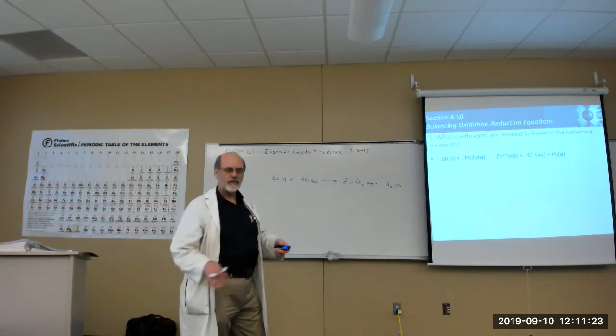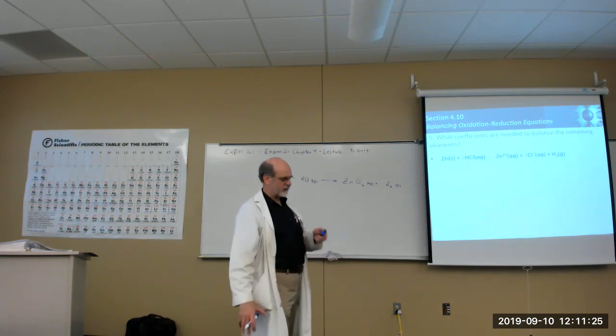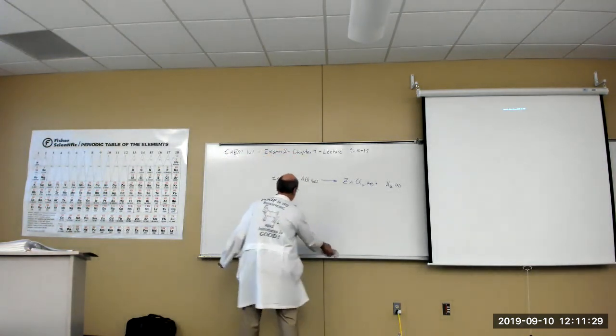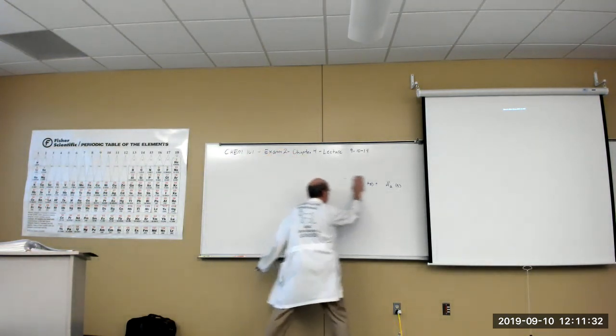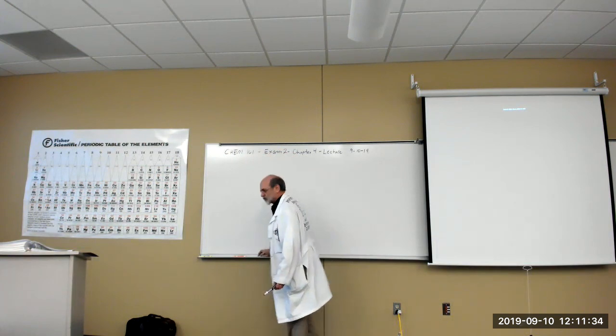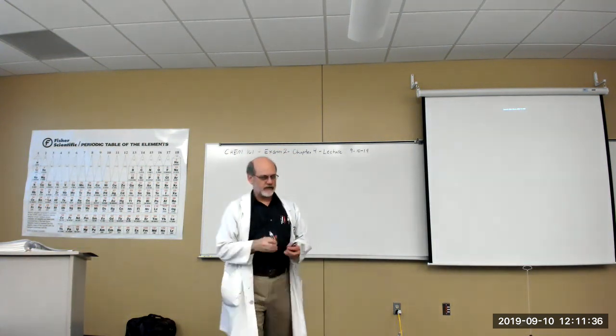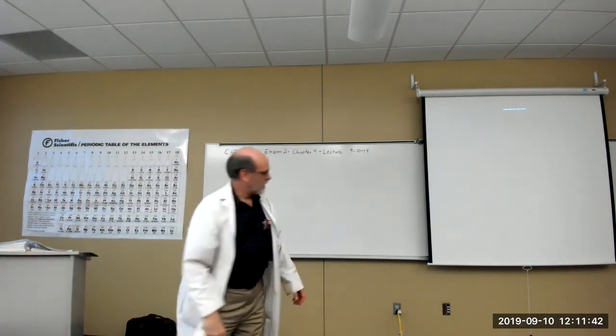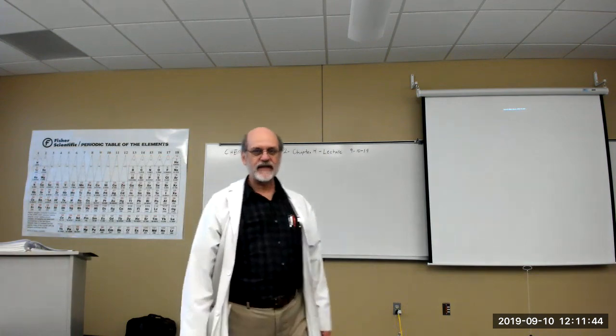Chlorides didn't change. We just can't create or destroy atoms. So that was the short version. And when we do a review, I think we'll probably have some longer versions of oxidation reduction balancing equations. But for now, that's the end of chapter 4.